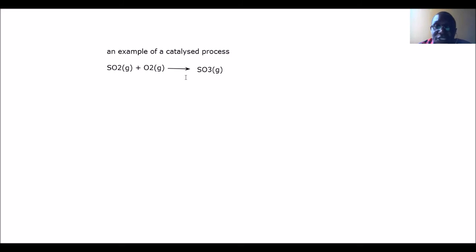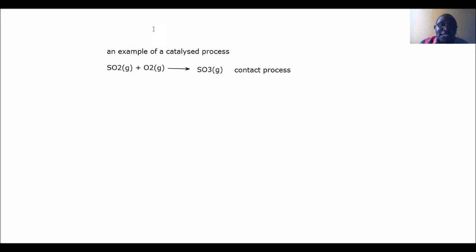Now, this is a reaction that is learned in Form 3. So this is about a process we call the contact process. Now, the contact process is an industrial process of the manufacture of sulfuric(VI) acid. Now, remember, in the process, we need to oxidize sulfur(IV) oxide in the presence of a catalyst.